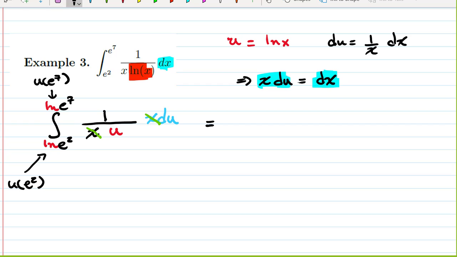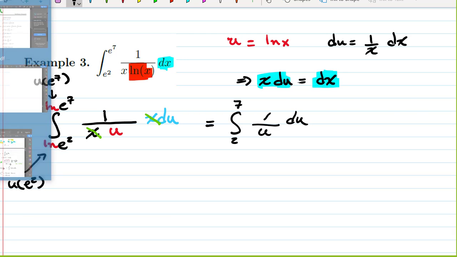The natural logarithm and e are inverses, so they reduce out, and the natural logarithm and e in the lower limit of integration are also inverses, so e and the ln cancel, giving us 2. The e and the ln cancel, giving us 7, and we're left with 1 divided by u du. So after doing our u-substitution, we now have the new integral from 2 to 7 of 1 over u du.